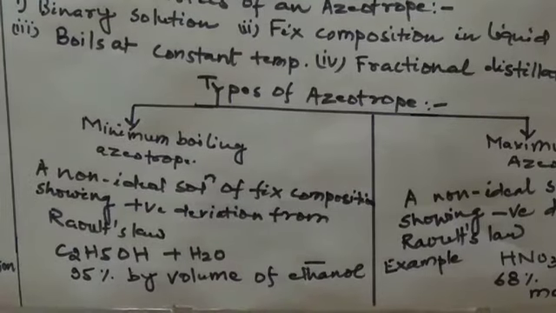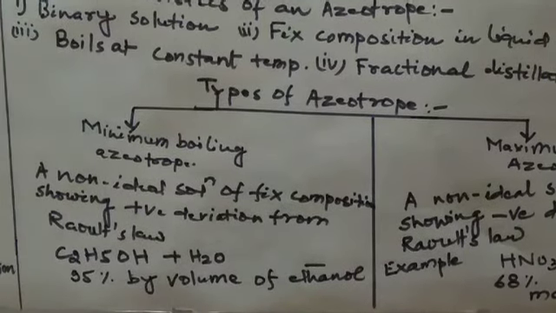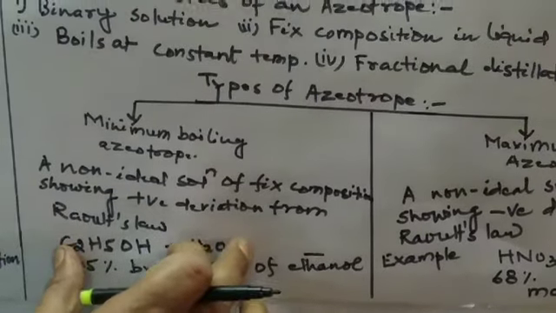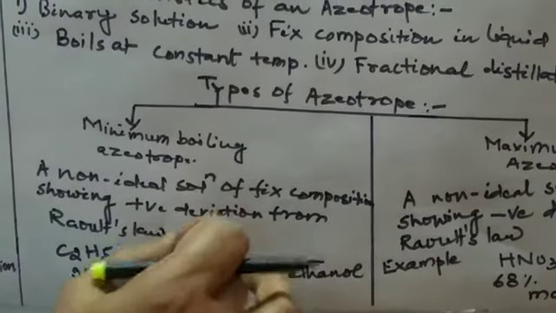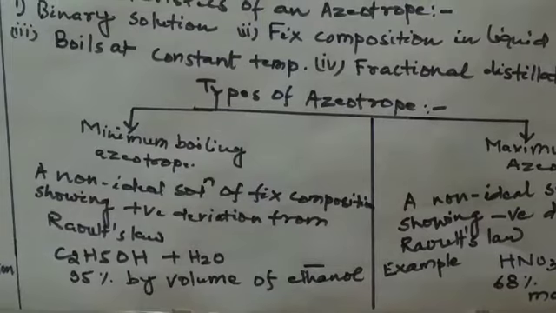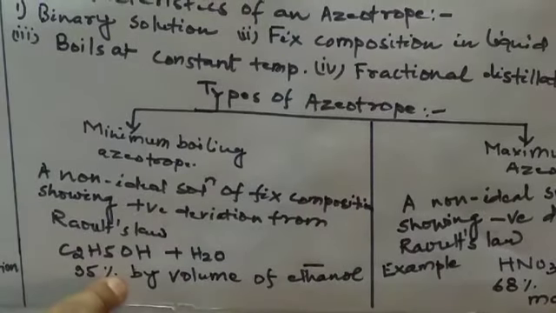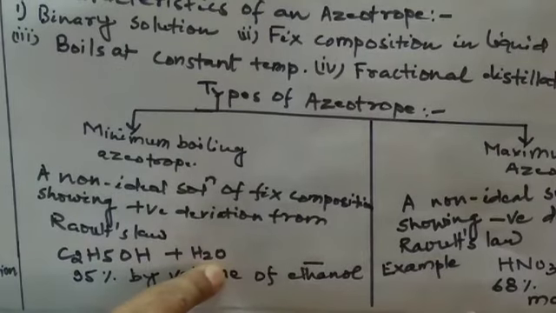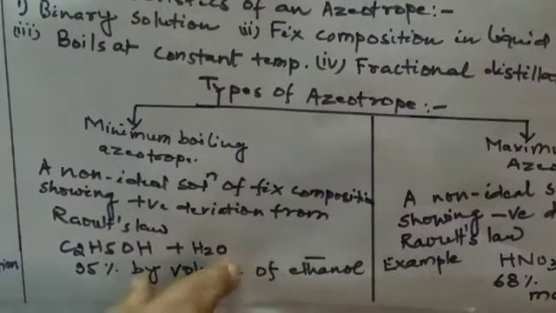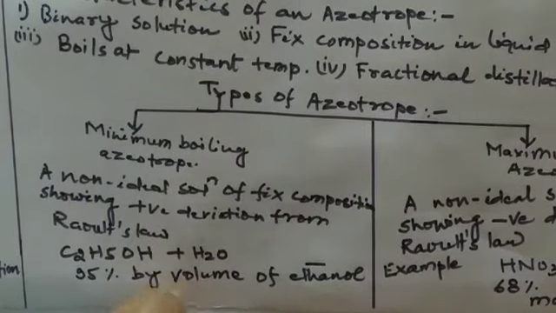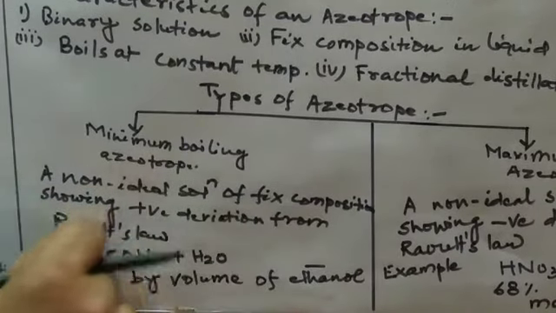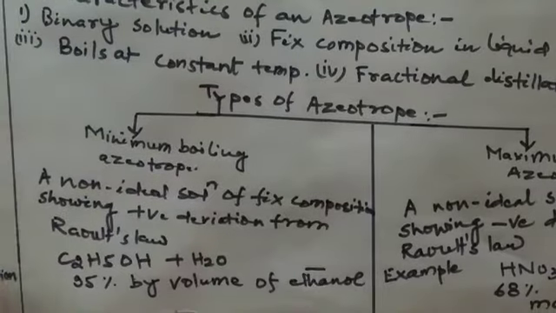And the very common example is ethanol plus water. Is every composition of these two liquids an azeotrope? No. 95% ethanol and 5% water by volume is said to be a minimum boiling azeotropic mixture.